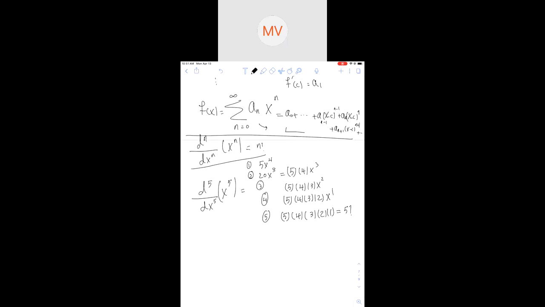Now when you take the derivative of this n times, what's the derivative of all those terms? Well, let me ask you this question. What's the fifth derivative of x to the fourth?